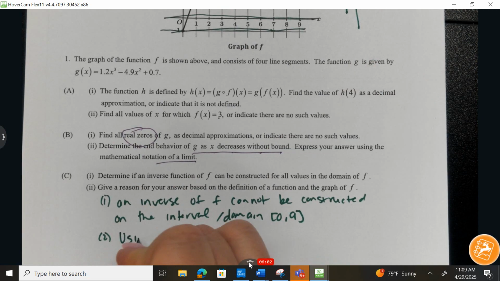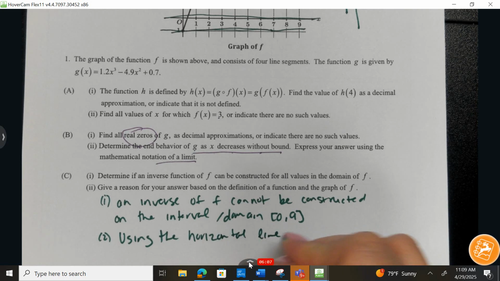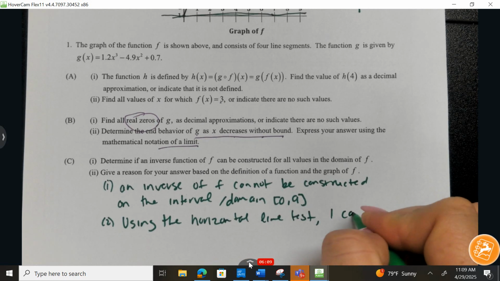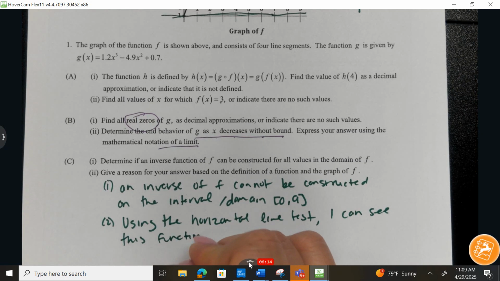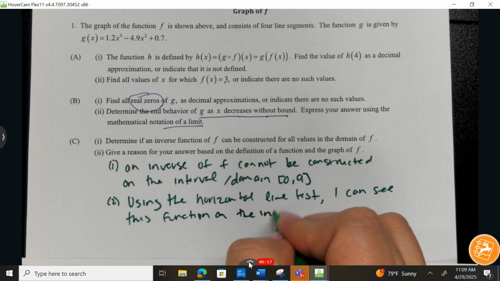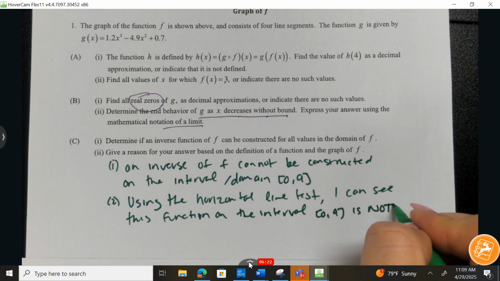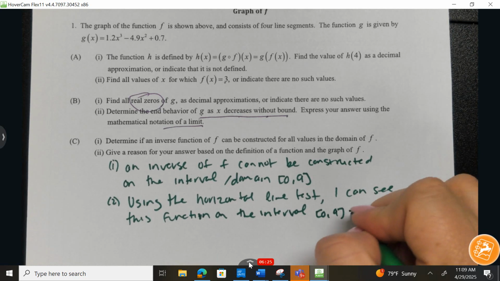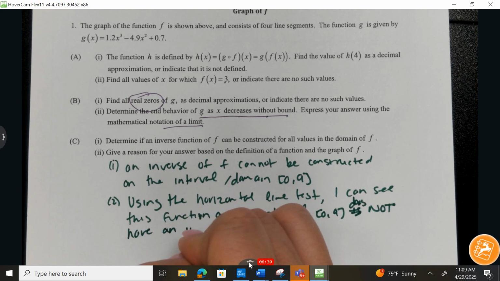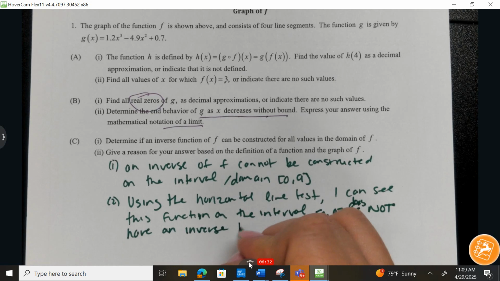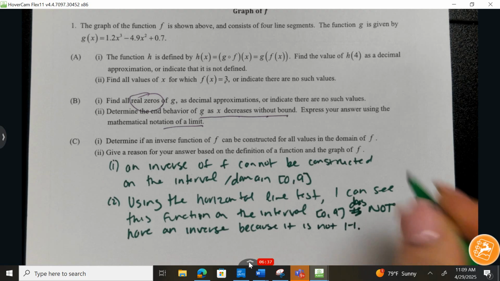So using the horizontal line test, I can see this function on the interval from 0 to 9 does not have an inverse because it is not 1 to 1.